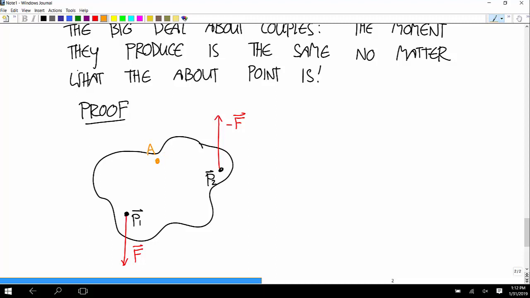What's going to happen in this proof is we're going to go through the calculation of the moment produced by this couple.